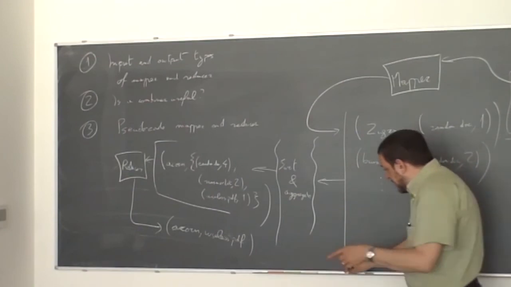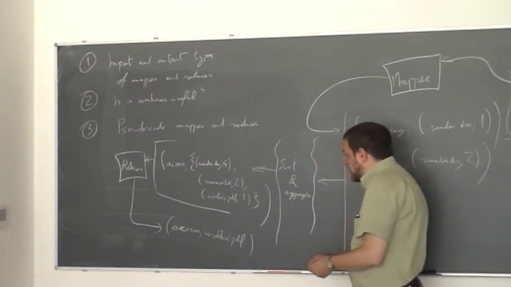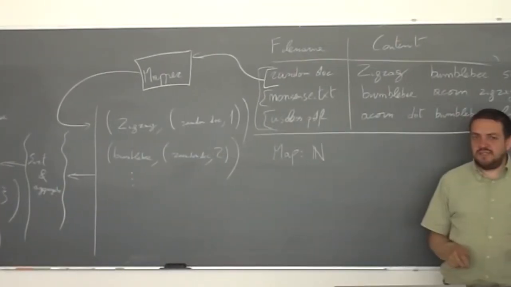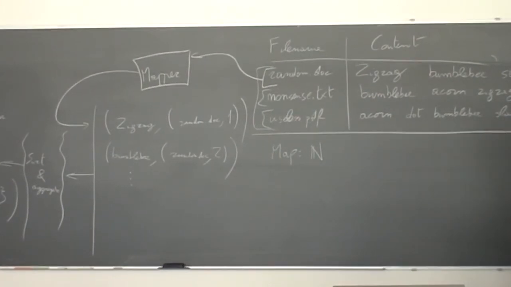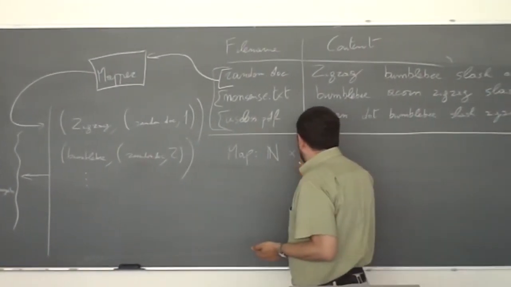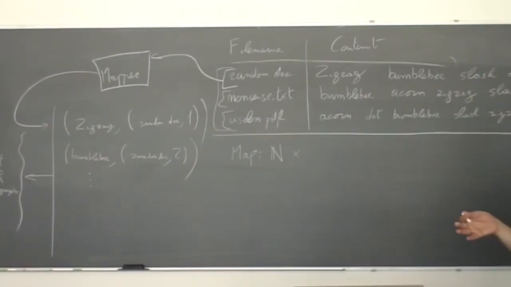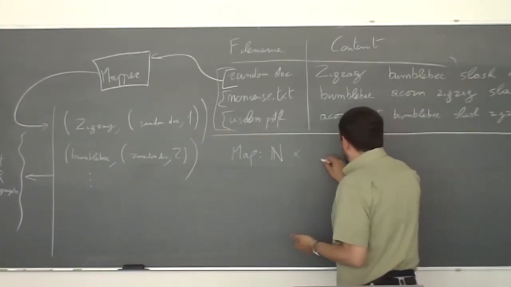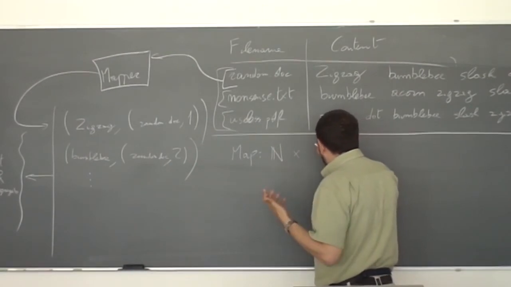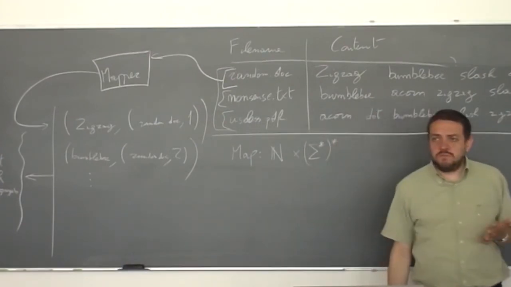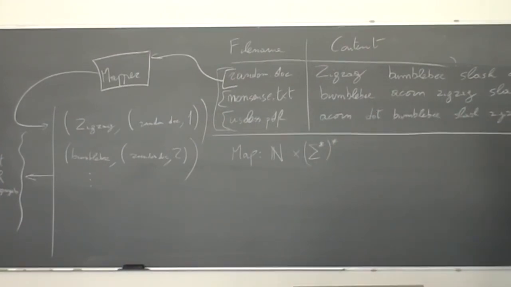For example, in the Hadoop Java implementation that we have just seen, the mapper is going to receive as an input a file ID, which is useless in our context, and the contents of the document. So the contents of the document can be seen as a sequence of words, a list of words.